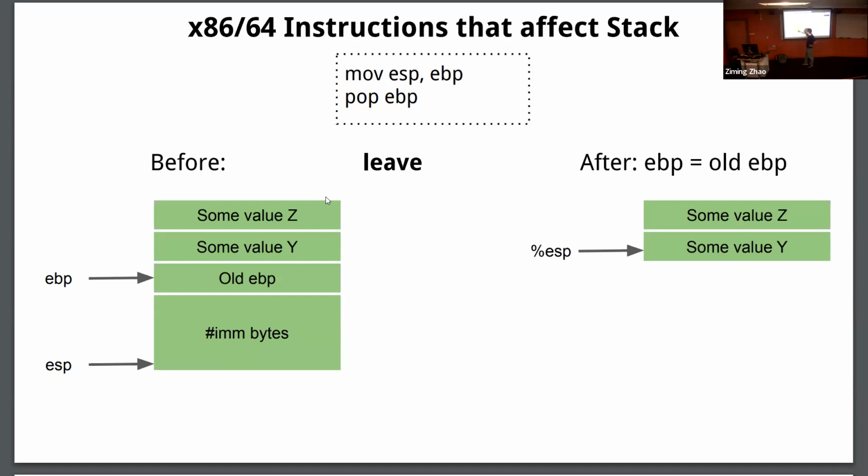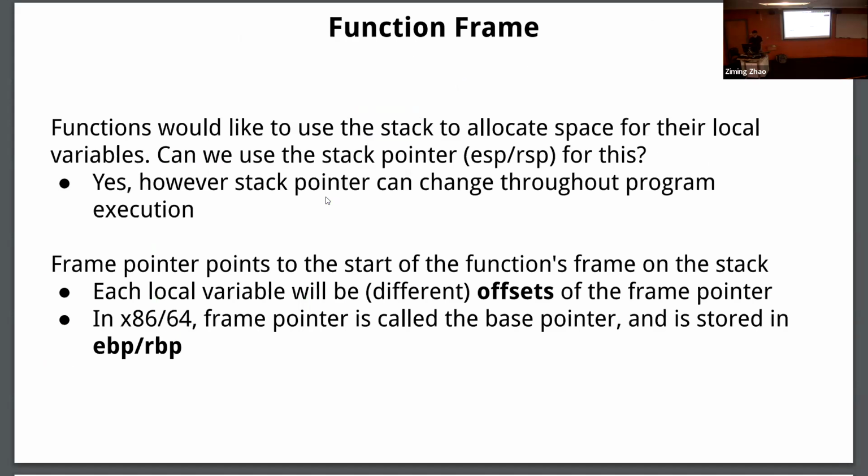So what we need to do is move the value of EBP to ESP. So ESP will point to here as well. Then we do a pop EBP. So what's saved here goes back to EBP. Then it will look something like this, and EBP will have the old EBP value. So basically, we restore everything. There will be more concrete examples. This is the first time you look at this, so I do not expect you to understand why we are doing this right now.